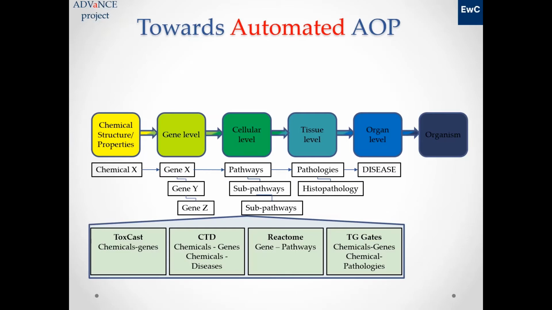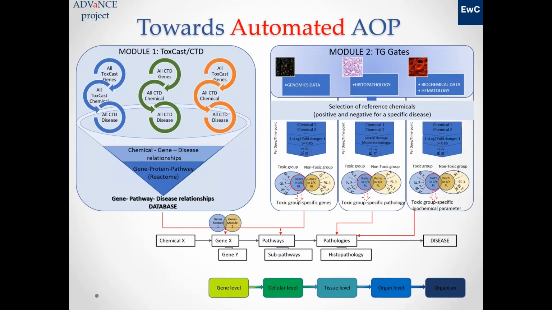From ToxCast, we extracted the chemical gene relationships, and from Comparative Toxicogenomics, chemical gene and chemical disease relationships. From Reactome, information mostly on gene pathways, and from TG-GATEs, chemical gene and chemical pathology information. This is how we created an automated workflow, although in its current form, I must say, it's more of a semi-automated workflow because it's just a series of R scripts.